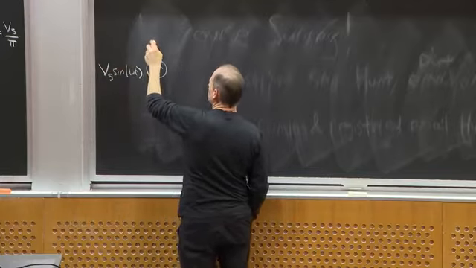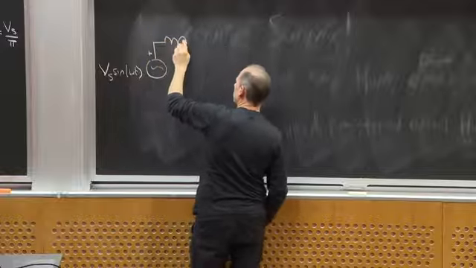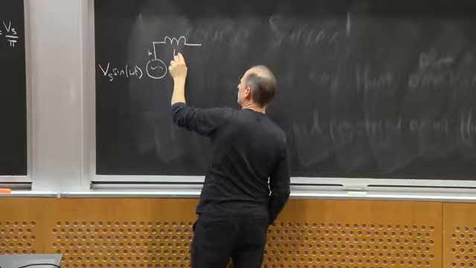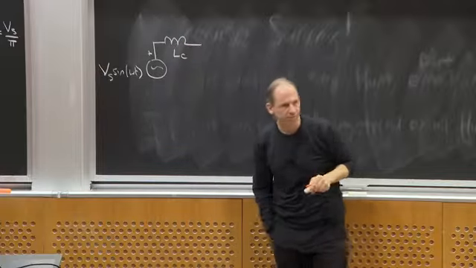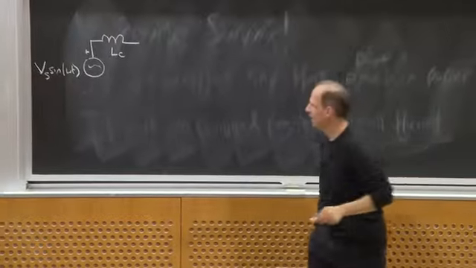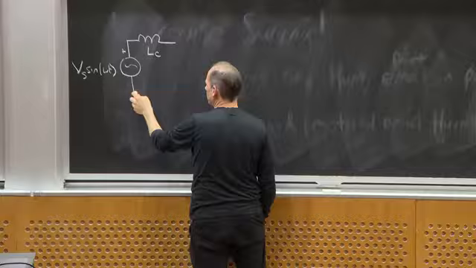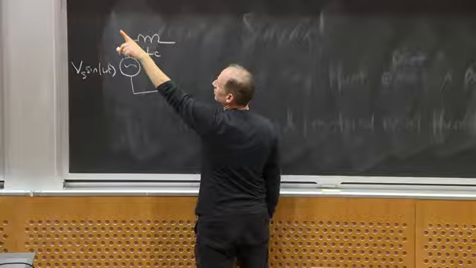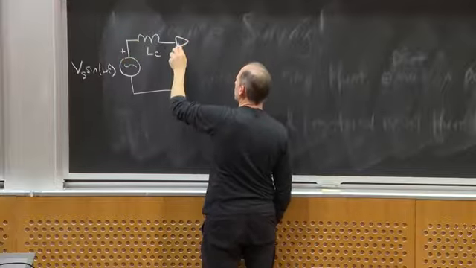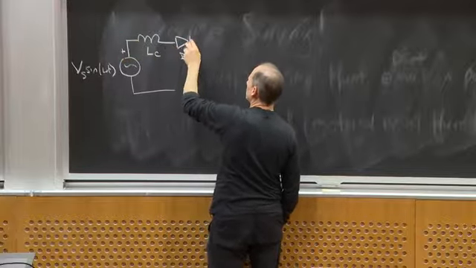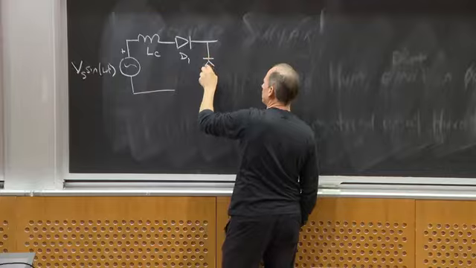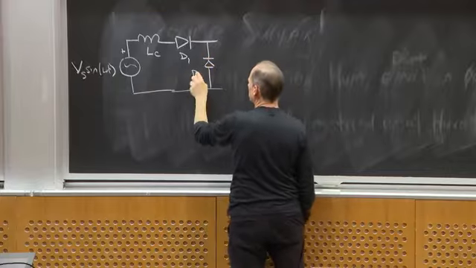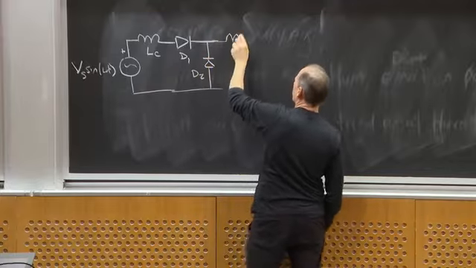I am going to include an inductor that I'm going to call LC, okay? And then I'm going to connect this to my rectifier that I had before. So here's again D1, here's again D2, and here's my output filter.